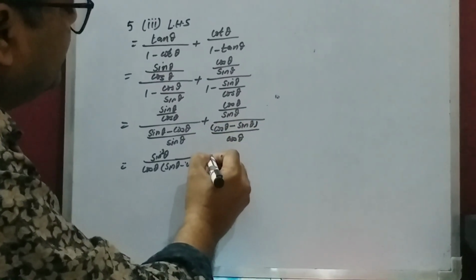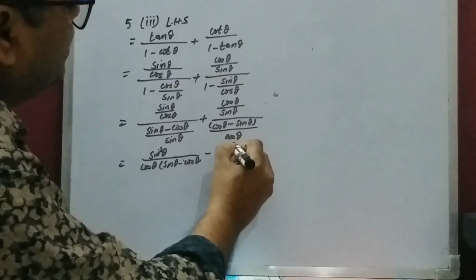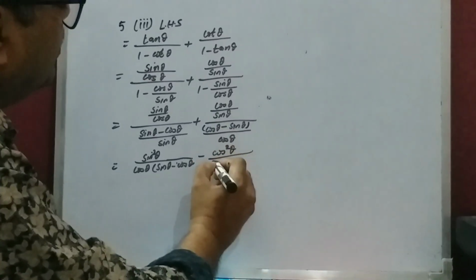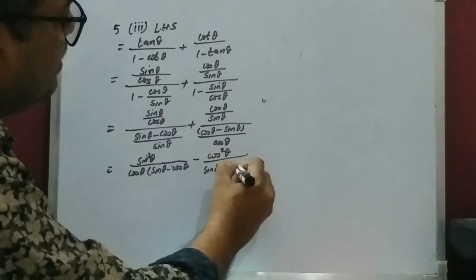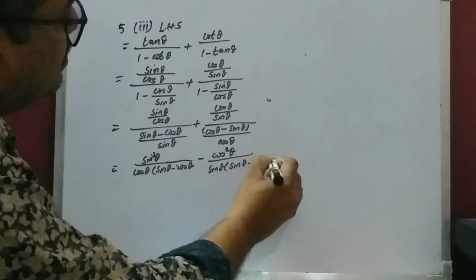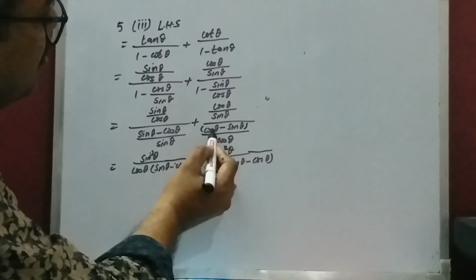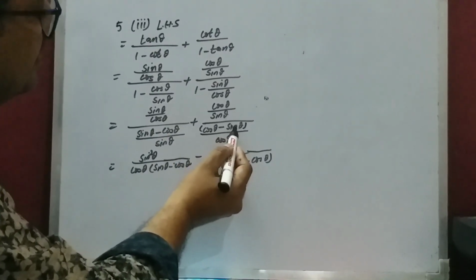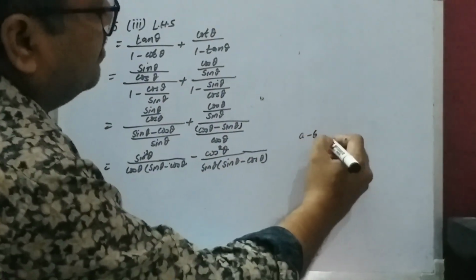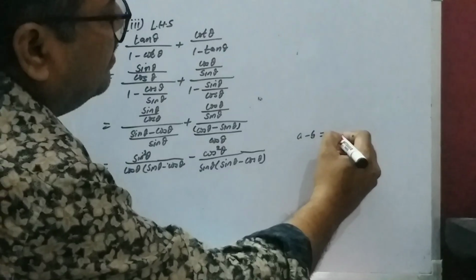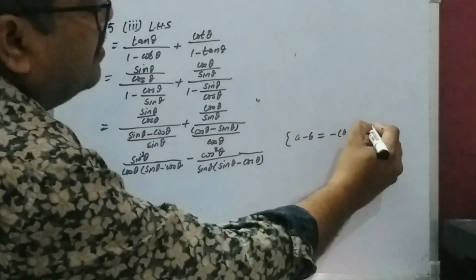We will write here this, and it becomes cos square theta upon sine theta into sine theta minus cos theta. Because when you take minus common from here, it becomes sine theta minus cos theta. For example, if a minus b is given to you, you will write it as minus then b minus a. Okay.